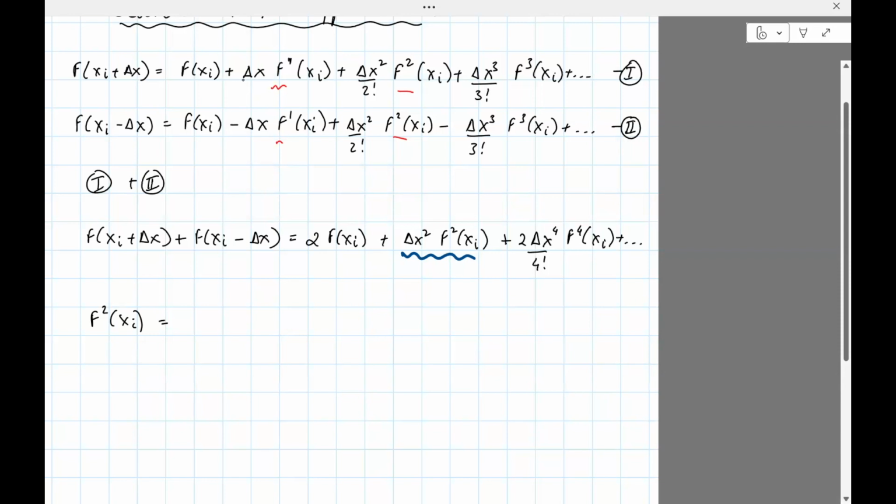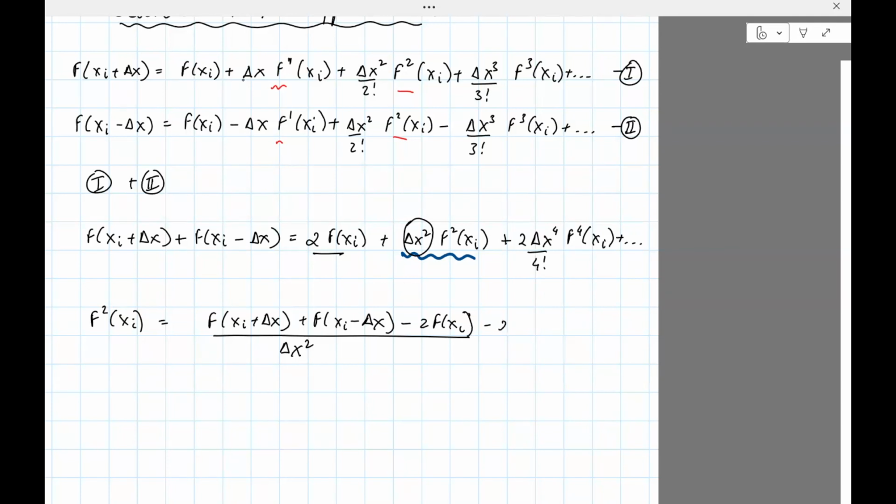It equals f of xi plus delta x plus f of xi minus delta x, and I move this to the left, so minus 2 f of xi, divided by delta x squared. And then I need to divide the other terms also by delta x squared, so this goes on the other side, so it'll be minus 2 delta x squared over 4 factorial f4 xi.